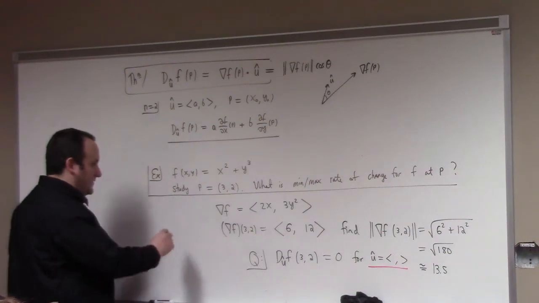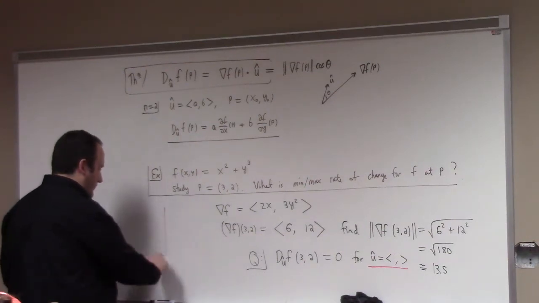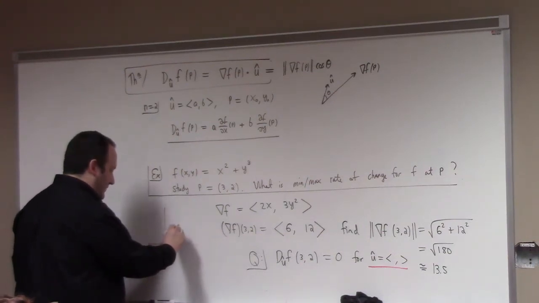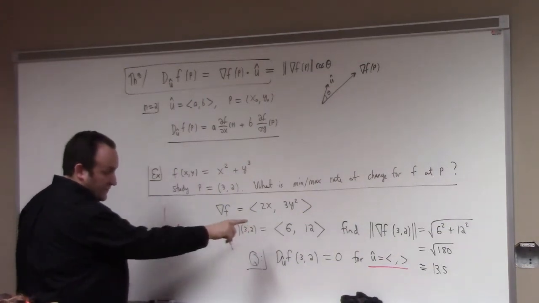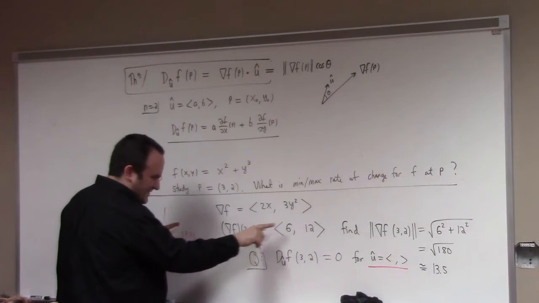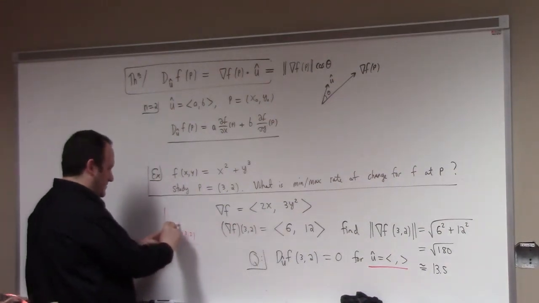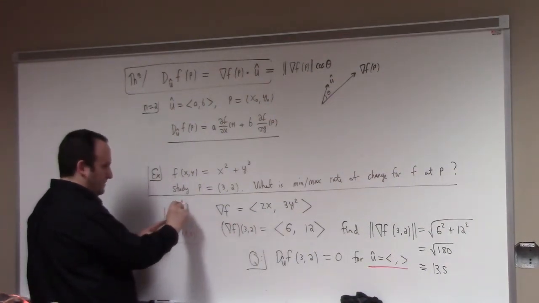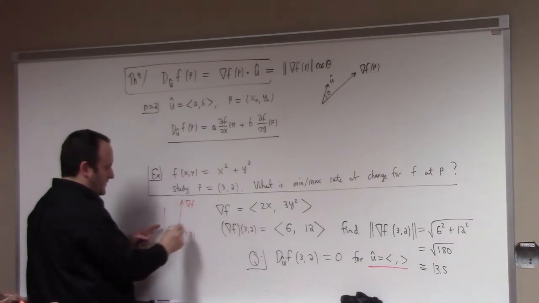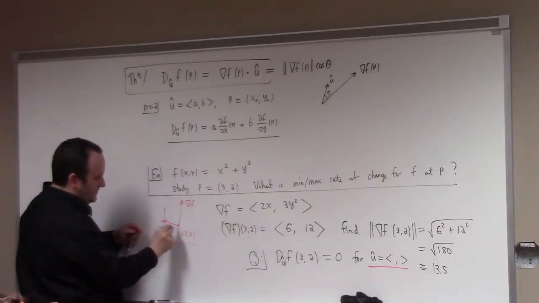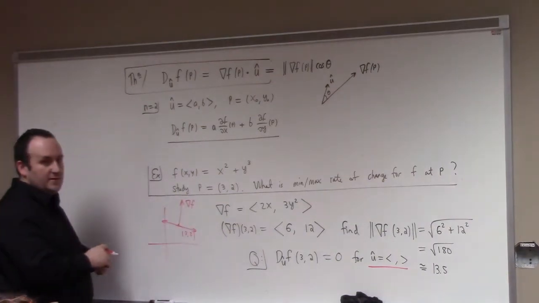Perpendicular, right? So our gradient at 3, 2 is 6, 12, which points like this. So we either want to go this direction or that direction.